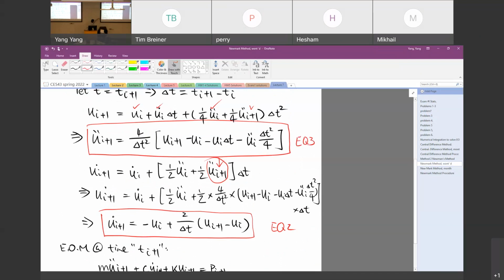Use equation 3 to calculate the acceleration for time i plus 1, since all the variables on the right side are known to us.